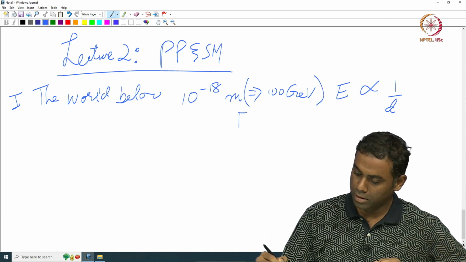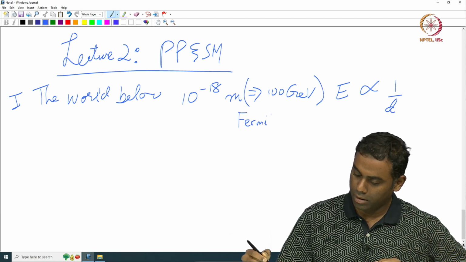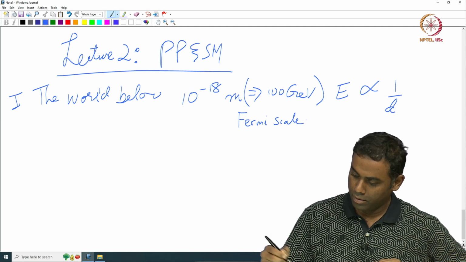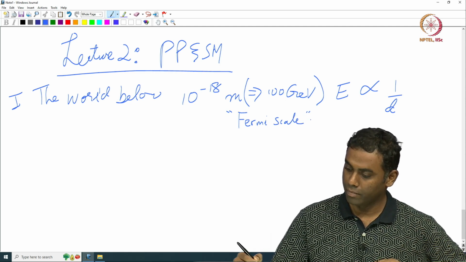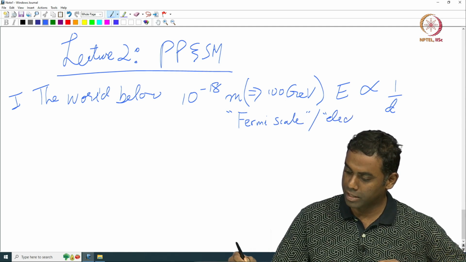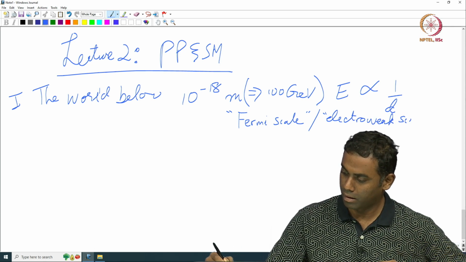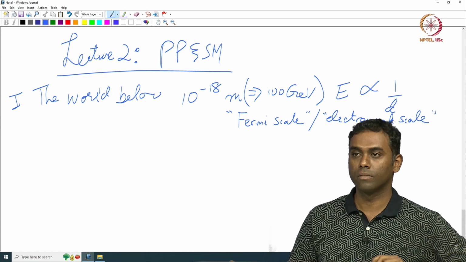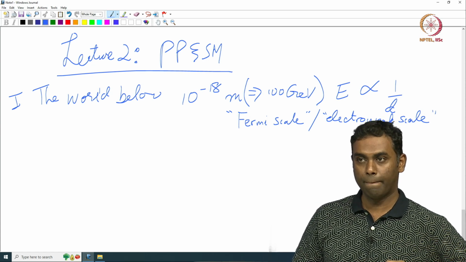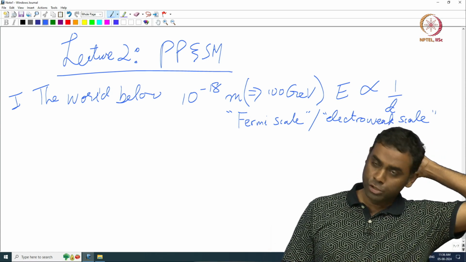This is the Fermi scale, or the Electroweak scale. Okay. So, what is going on at this scale?